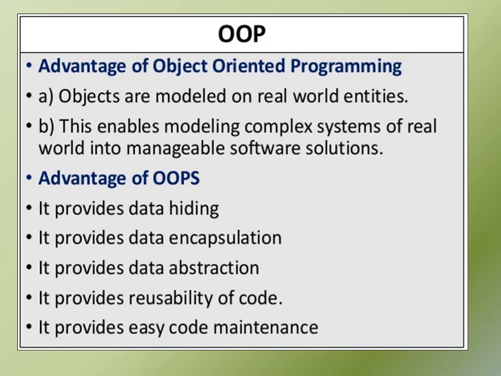When we consider examples such as man, car, Ali, house, these are real world entities. This enables modeling complex real world systems into manageable software solutions. It provides data hiding, data encapsulation, data abstraction, reusability of code, and easy code maintenance. Because of these advantages or characteristics, object-oriented programming has become more powerful.